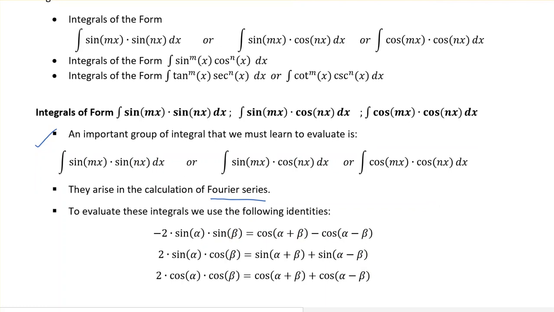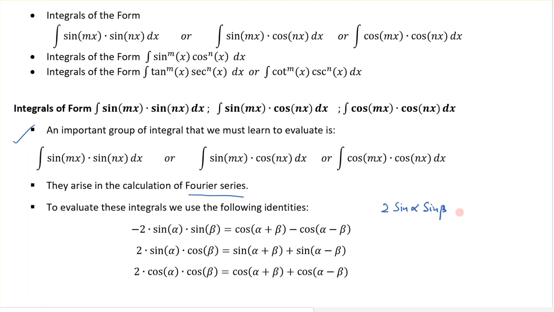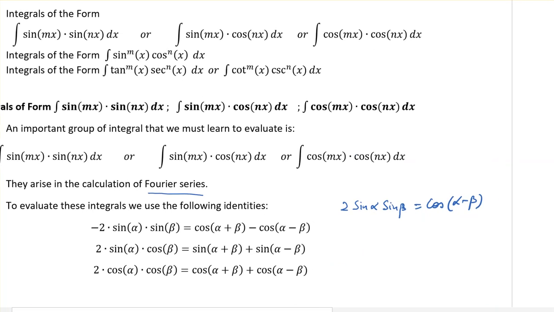So twice of sine of alpha times sine of beta is equal to, so there are two ways you can write this. So if you don't put the negative sign out, you can rewrite this as 2 sine alpha sine beta is equal to cosine of alpha minus beta minus cosine of alpha plus beta.